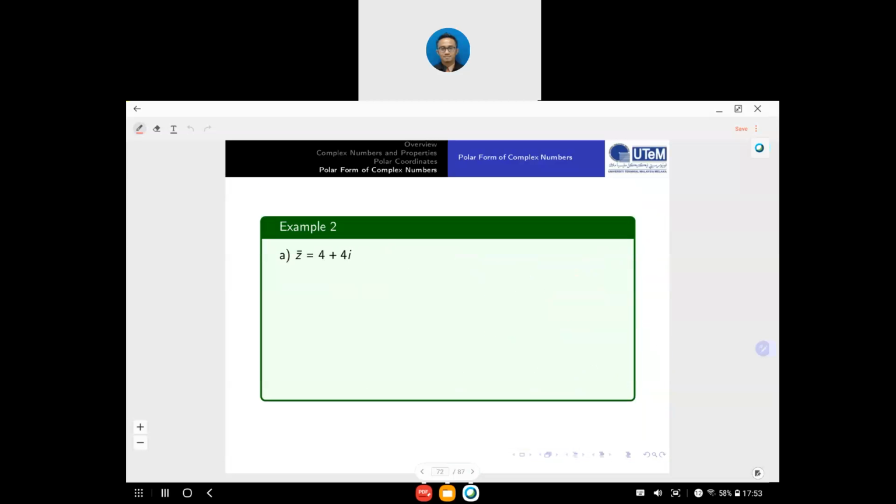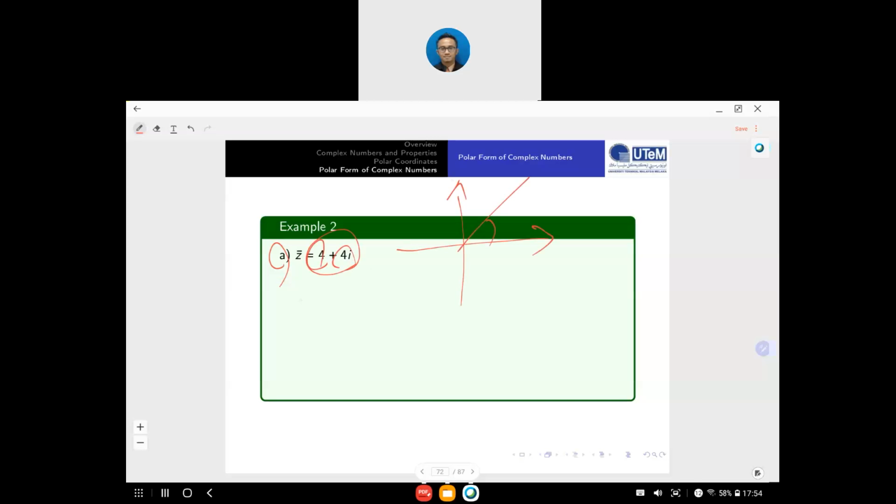You can get the value of R equal to square root of A square plus B square. And then theta we can get by tangent inverse B over A. So you need to remember B is the imaginary value and A is the real part. Don't get confused. This one is okay, because A square plus B square doesn't matter.